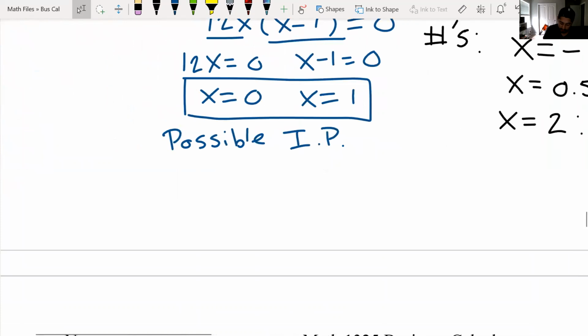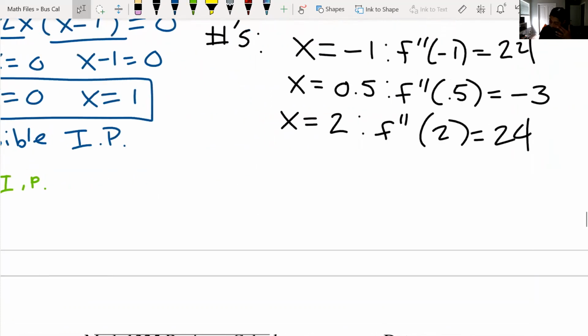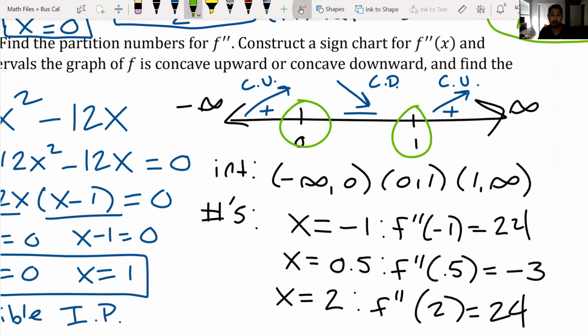So this means 0 is an inflection point. I'll write that down here somewhere. x equals 0 is an inflection point. We'll come back to that. Now, let's look at 1. Is this now an inflection point? Did concavity change? Yes. We went from concave down to concave up.